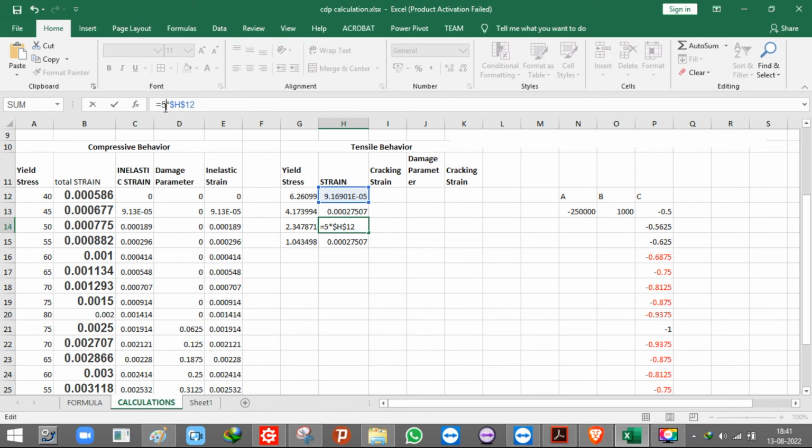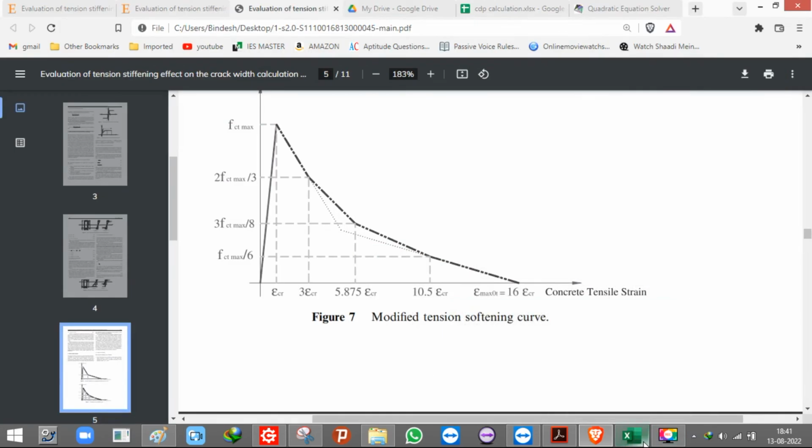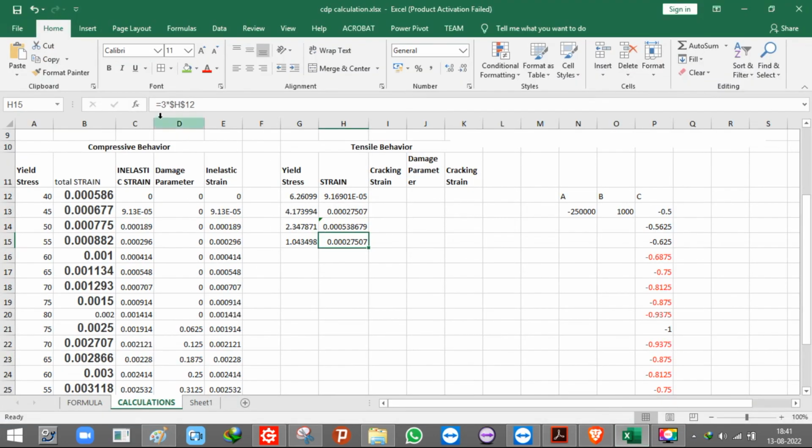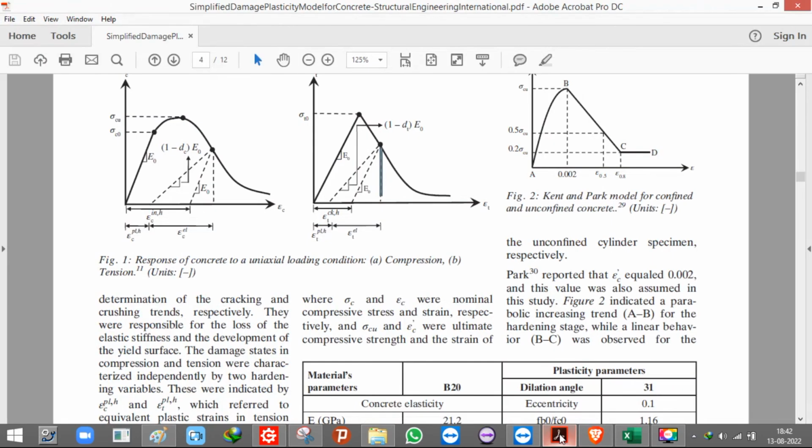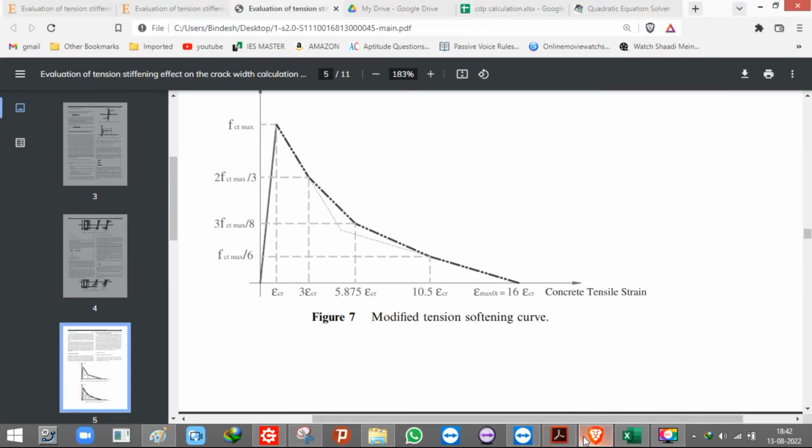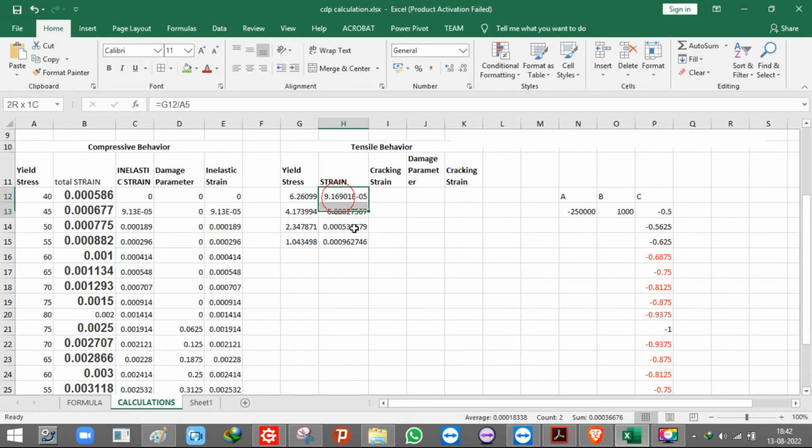Next is for 10.5. And that's all. If you need, you can go for 0 also, no problem, but over here we will not go for 0. Now this is my total strain.